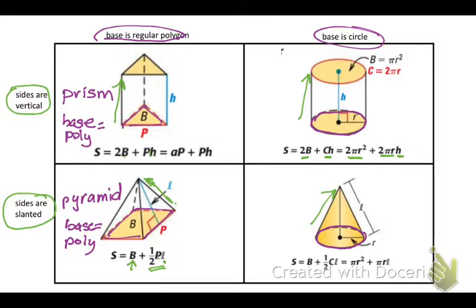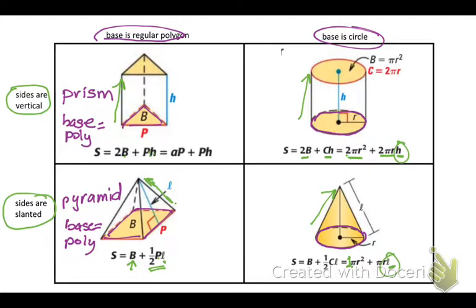Now you come down here, and it's the very same thing, except you only have one base, so you don't need that 2. And you don't need the 2 pi r, because there's that other part missing. And here's your L. So instead of the h, you have the L.